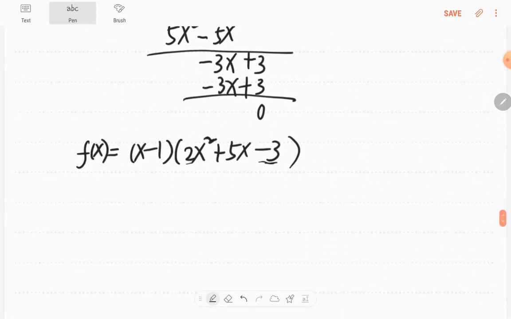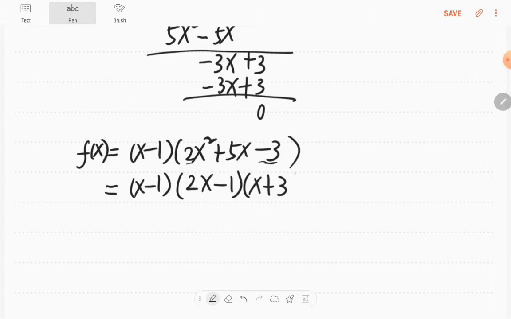But the good thing is here it is quadratic. Most of the time we can just do observations to find the factorization. Otherwise, you can use the quadratic formula to find the zeros, right? So this would be x minus 1 times 2x minus 1 times x plus 3. We can factorize this quadratic form directly.